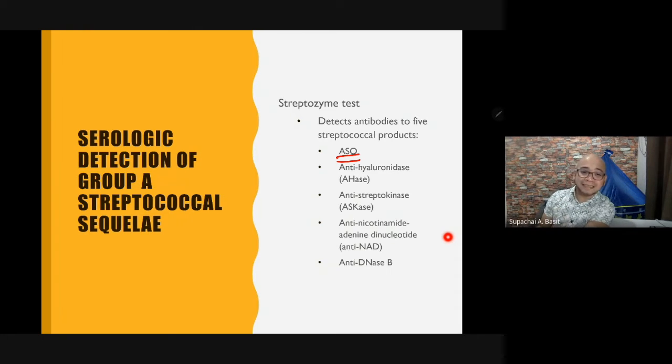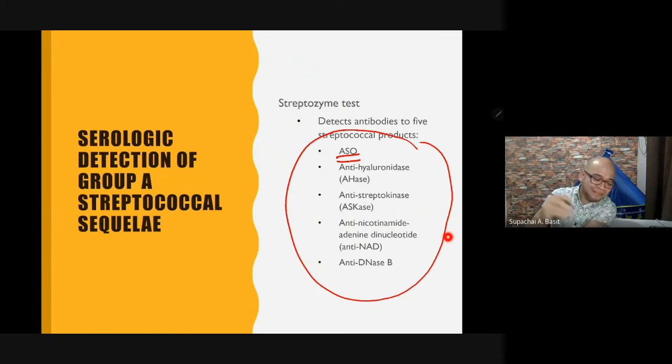And anti-DNase B is an antibody against DNase B. DNase is an enzyme that can destroy the DNA component. So the streptozyme test will test not just ASO, but all these 5 antibodies, which would be more meaningful for the clinicians to interpret possible sequelae with group A streptococcal infections.